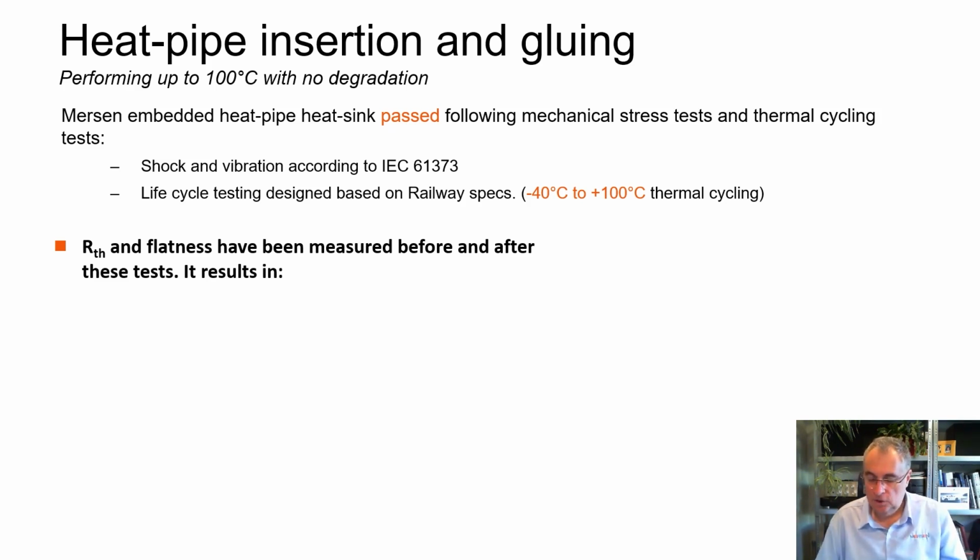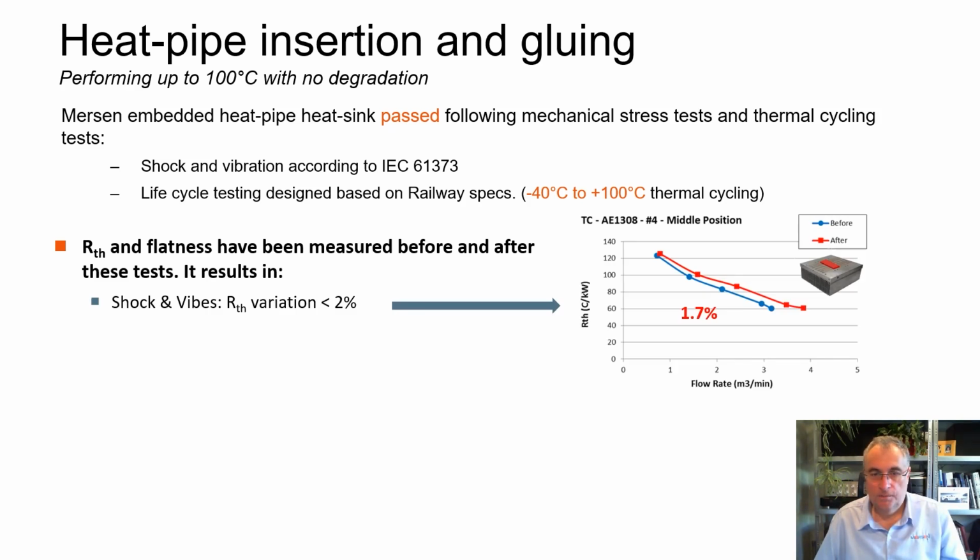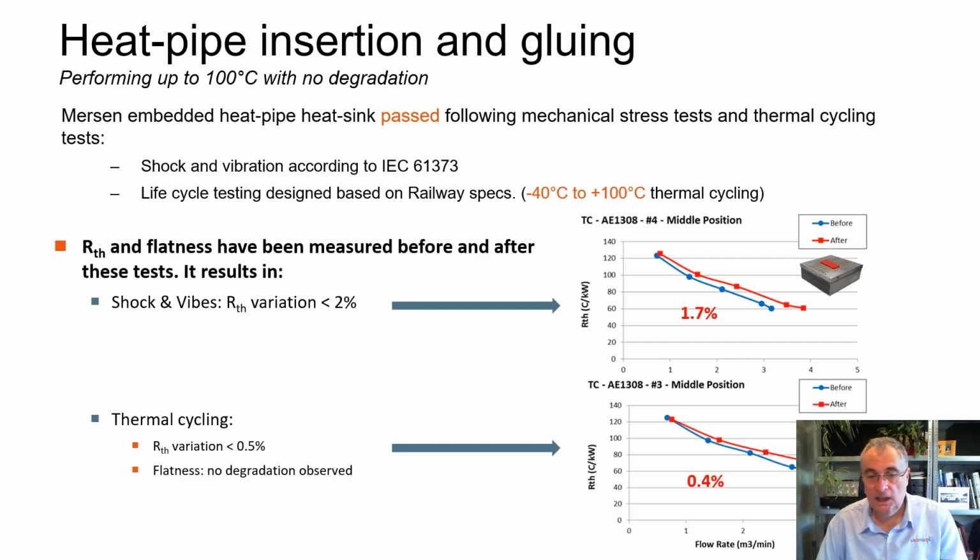Let me show you first the result regarding shock and vibes. As you can see, there is only a small variation of the thermal resistance of less than 2% before and after this very stringent test. Now, if we look at the thermal cycling, here it's almost negligible.